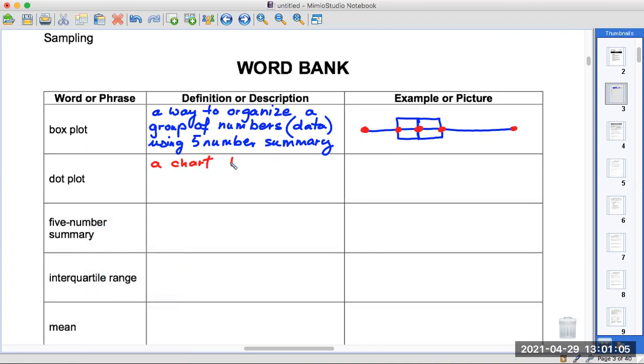A dot plot is another way, a chart to organize data, using dots for each number.